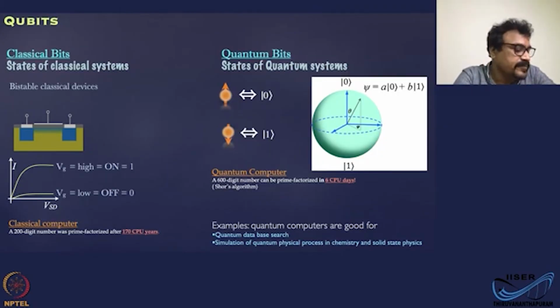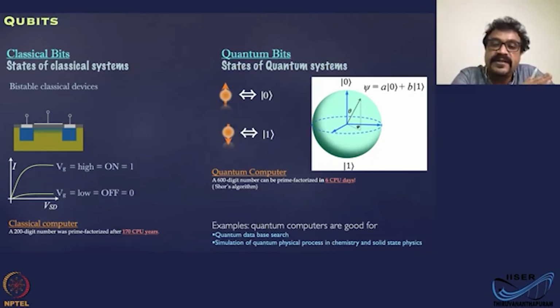The quantum mechanical counterpart for a bistable system can have two spin states, for example, spin up and spin down, or two states of any system. But those states are quantum mechanical states.